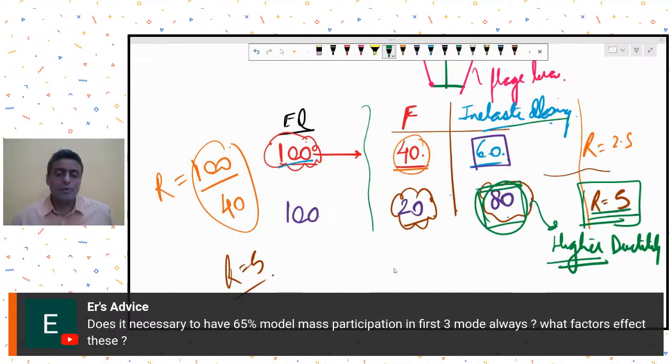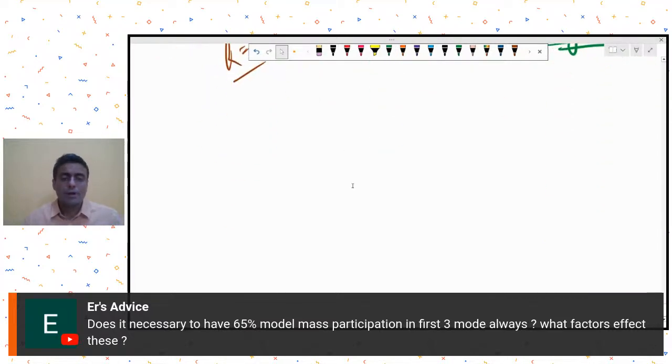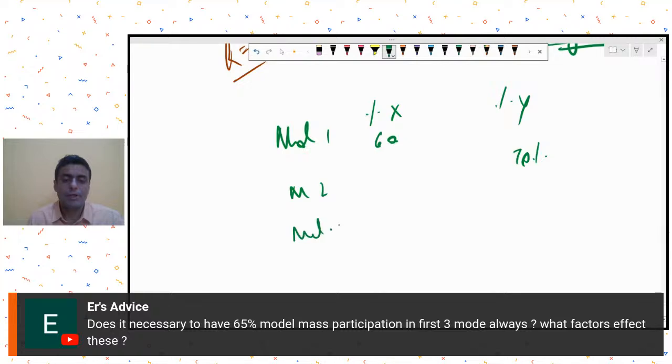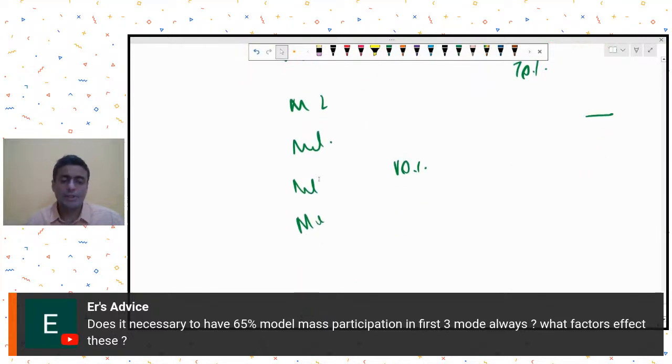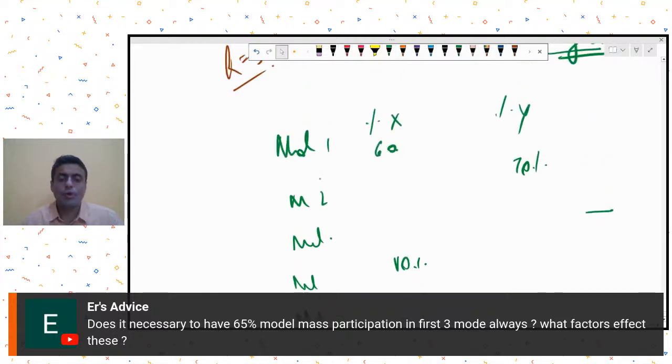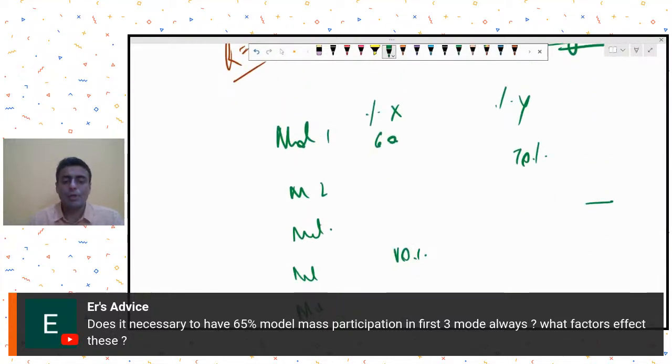Okay, so numerically they may be, for example, mode 1 has mass participation of maybe 60% in x, mode 2 has 70% mass participation in y, mode 3 is a torsional mode, mode 4 is having 10% mass participation in x, mode 5 is something else, mode 6 is having a mass participation of 8% in x. So when I want to add up, I will not add up mode 1, 2, 3 to check the mass participation.